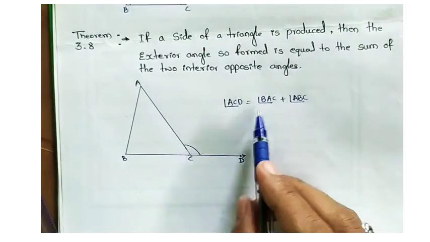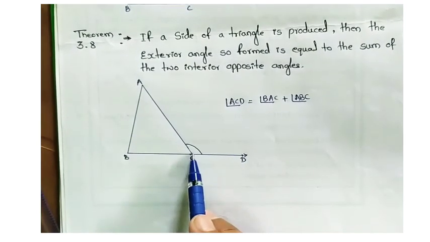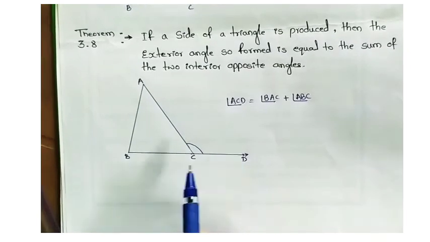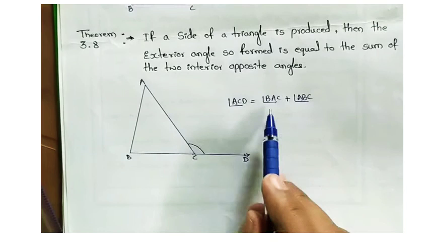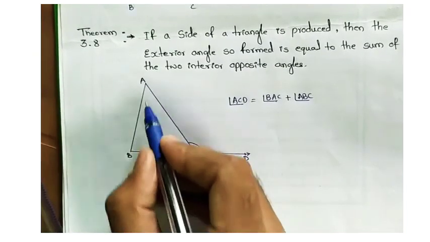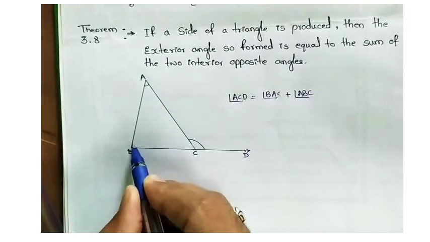These 2 are interior opposite angles. Okay, so exterior angle, that is ACD, is equal to the sum of 2 interior angles. Those are BAC, this one, and ABC, and this one.